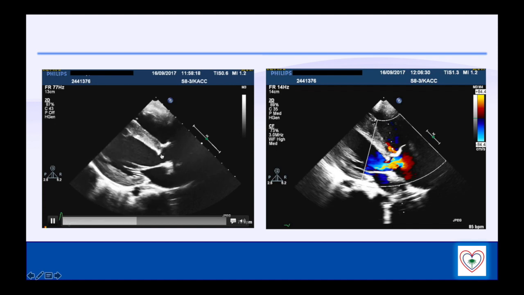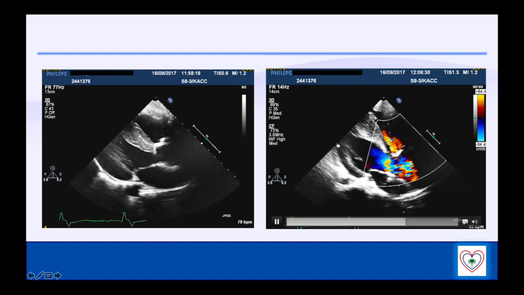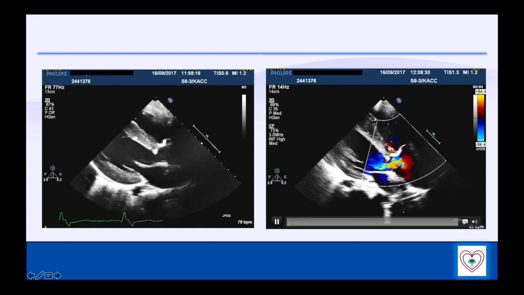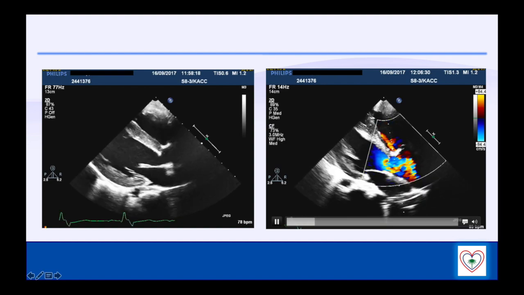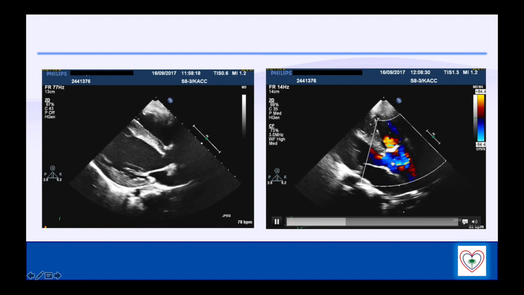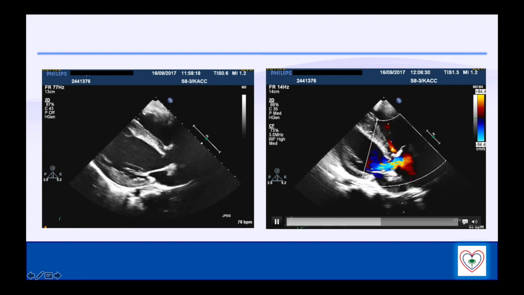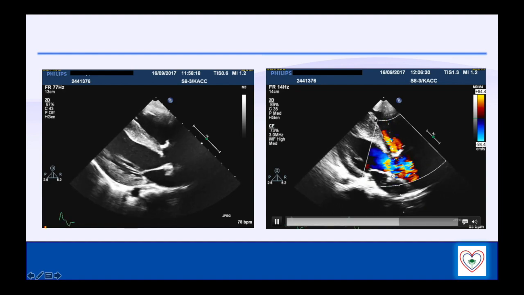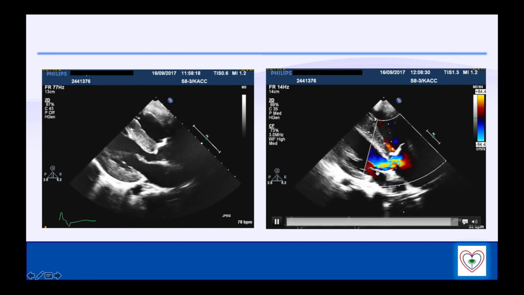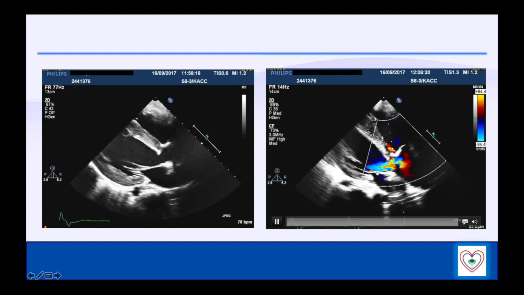You notice here that there is depressed left ventricular function and a dilated left ventricle. Also there is a subaortic membrane, and possibly a ventricular septal defect here. When we have the color on top of that, there is a color into the right ventricle. So this patient has severe aortic valve regurgitation and ventricular septal defect.